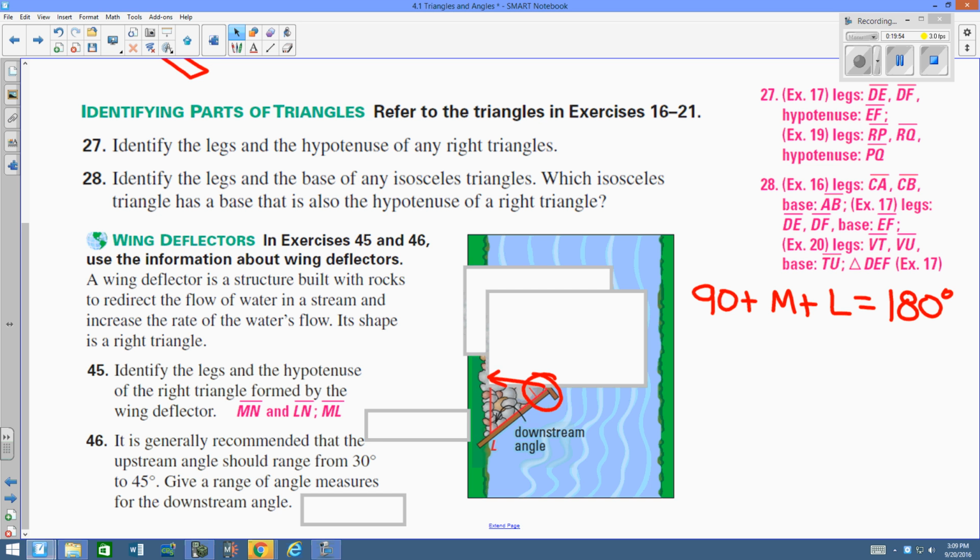So knowing this, we could subtract 90 on both sides. M plus L has to equal 90 degrees.